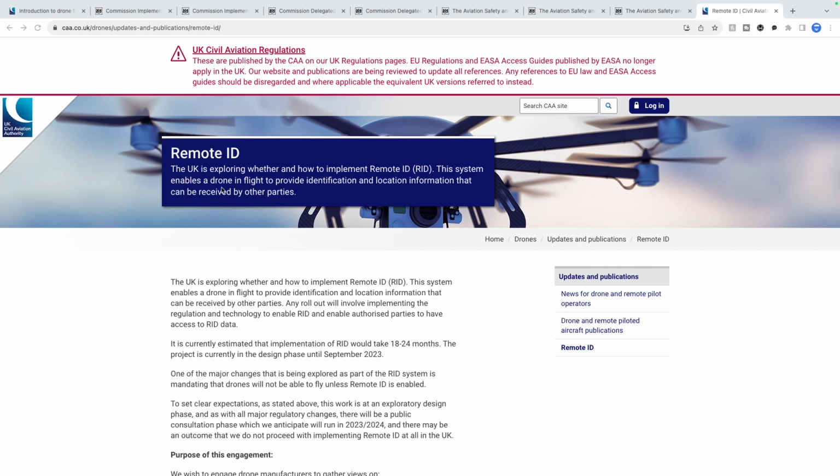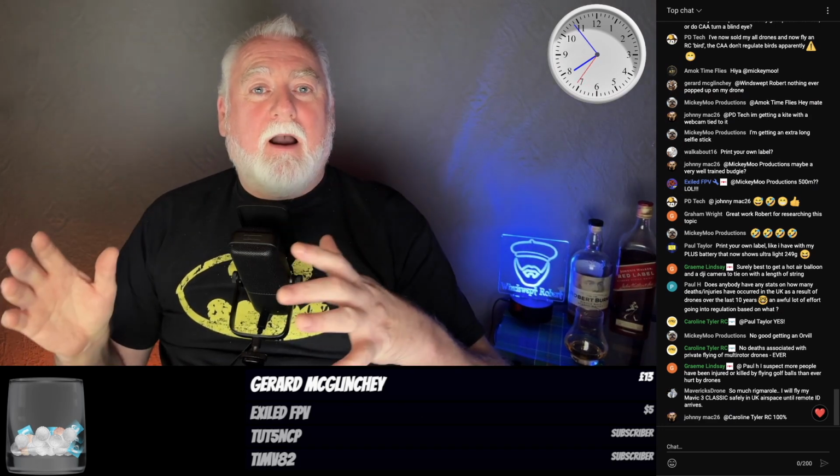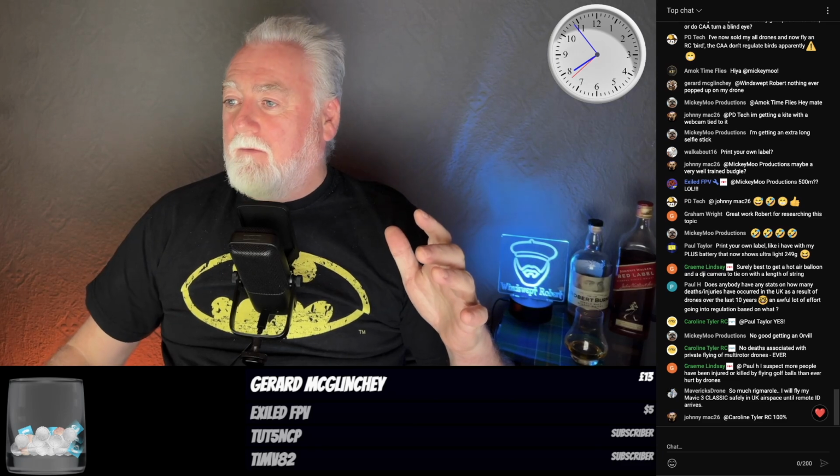This system enables a drone in flight to provide identification and location information that can be received by other parties. It's exploring whether and how to. It's exploring it. So that means that currently you cannot comply with paragraph 12.